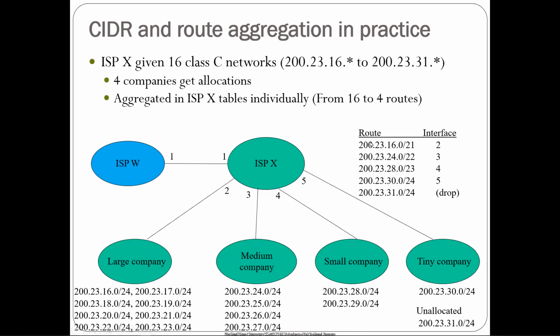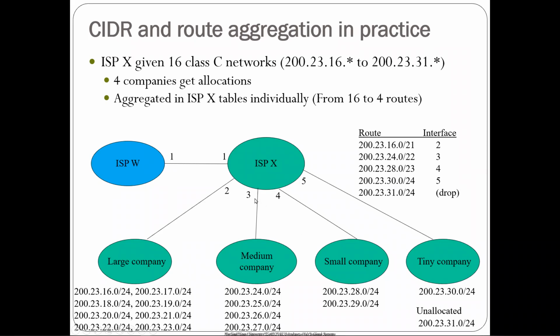I have 1. Likewise, the medium company starts at 23.24.0, and there are 4 Class C subnets here, and so I can now aggregate those into a single /22, right? Because that is similar to that other operation we did for subnetting. There are 4 different networks that get aggregated into one.